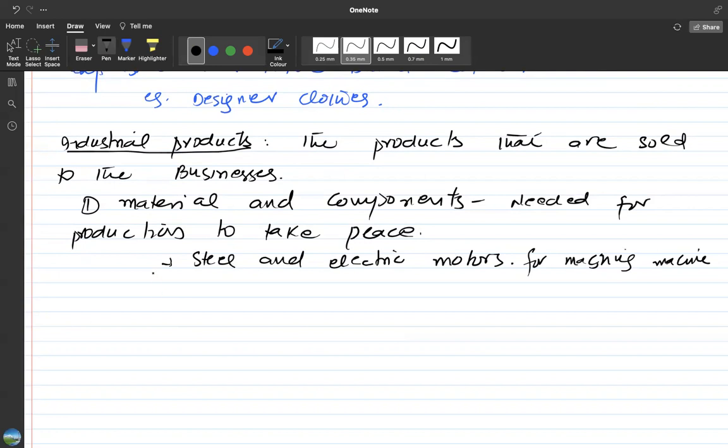The second type of industrial products are capital items. Capital items are equipment, machinery, and vehicles that are used in the production in the factory.